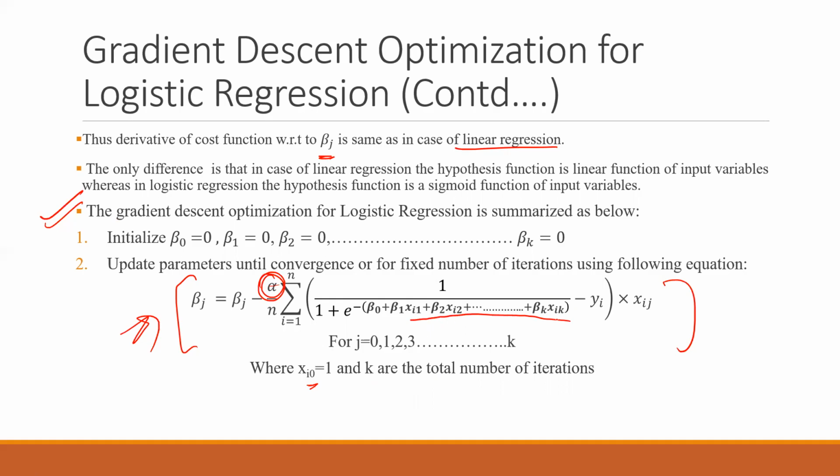Here k means that when we are training the model, you might be doing a single iteration or multiple iterations. Let's say there is a numerical in which I ask you to do it for 2 iterations, then you have to do it twice. You initialize the values with beta 0.